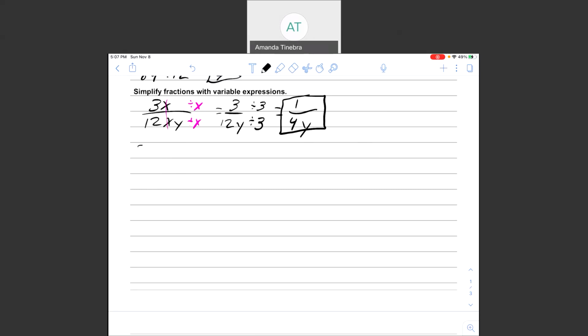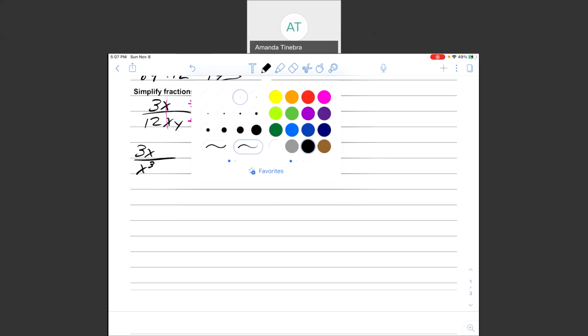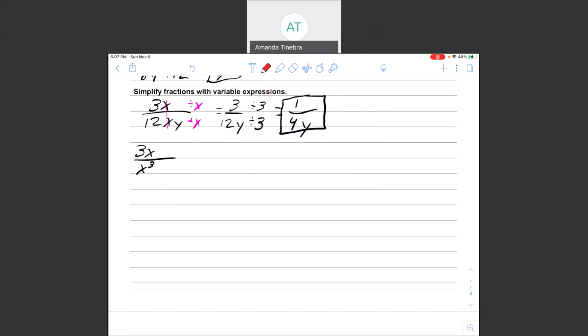For my next one, we're going to do 3x over x to the third power. Now to simplify this, I have to remember what x to the third power means. I know that 5 to the third power would equal 5 times 5 times 5.